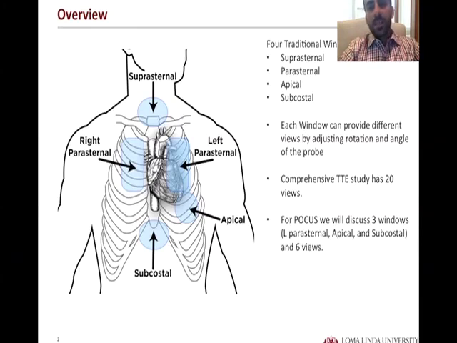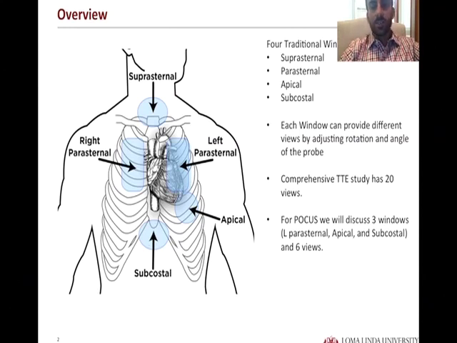As I just mentioned, there are several windows, or placements of where you put the ultrasound probe on the patient's chest, to view or insonate the heart. These are broken down into the traditional windows: the suprasternal, right parasternal, left parasternal, apical, and subcostal or subxiphoid.